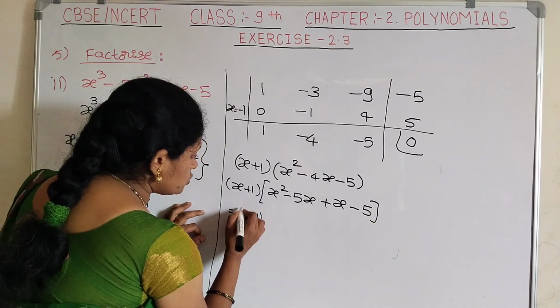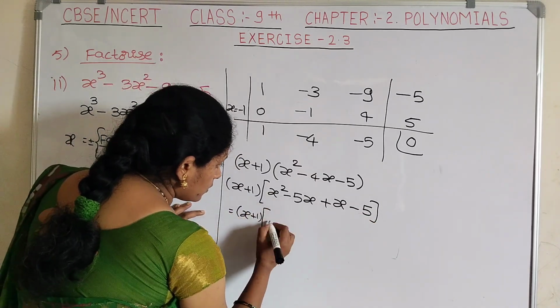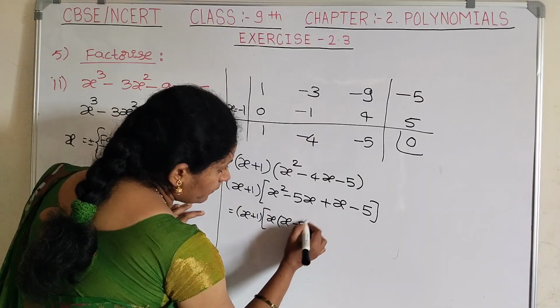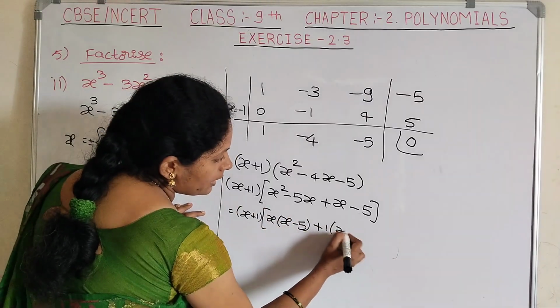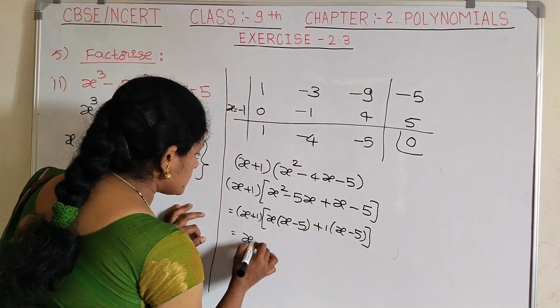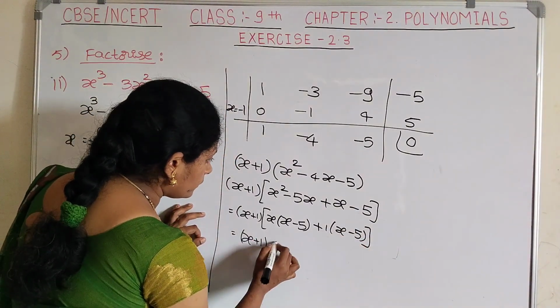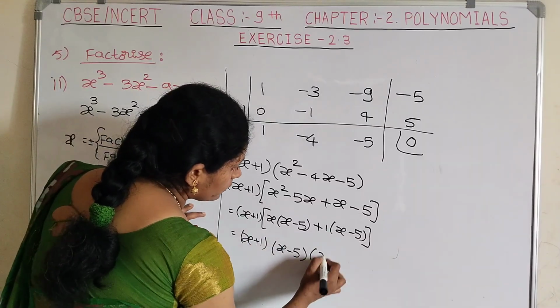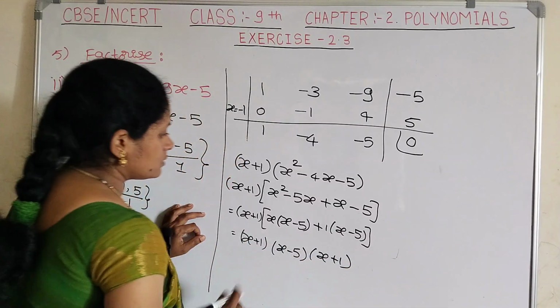X plus 1 into, we take x common, x minus 5, plus 1 common, x minus 5. X plus 1 into, here we can write x minus 5 into x plus 1.